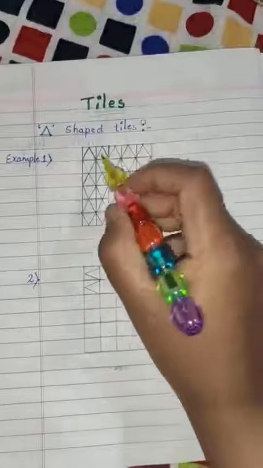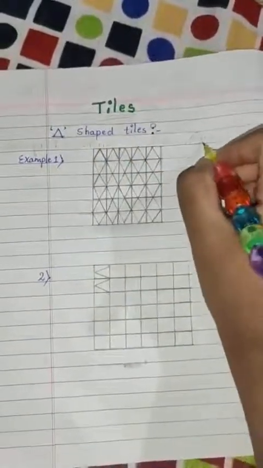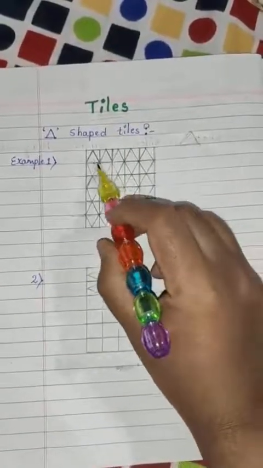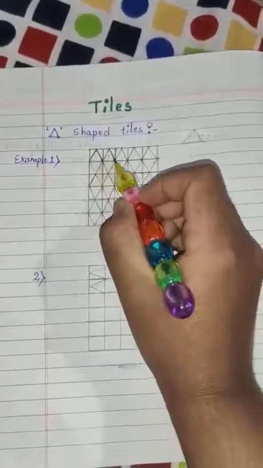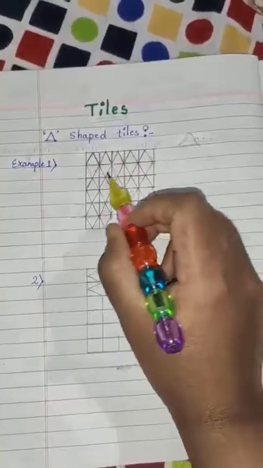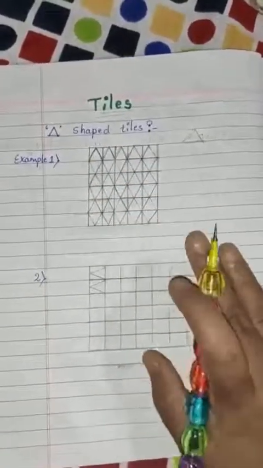Okay, here I am having one tile that is in triangle shape, right? This is a triangle. Yes. So when I go on arranging these tiles, here can you see, this is the first tile, second tile, third, fourth, fifth. Okay, like this. When I arranged all these tiles, I got some new pattern here, right?